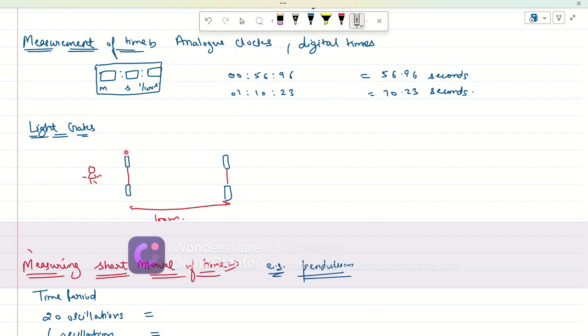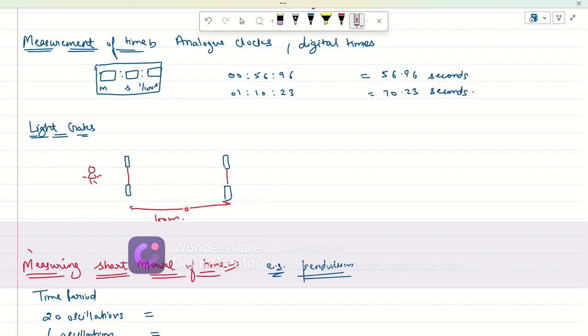Another technique: if you have to measure the time taken by an athlete running a 100-meter race, using a timer will involve some reaction time, so that measurement will not be accurate. To measure the time accurately, we can use light gates.